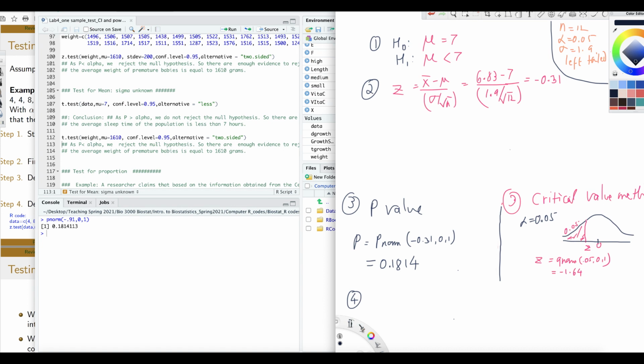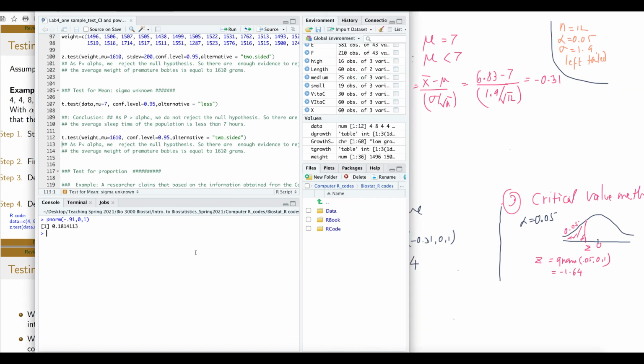Oh, hold on. By the way, I think I made a mistake there. When I did the pnorm, I should have done negative 0.31, not negative 0.91. So let me try that, negative 0.31. When I do that, I get 0.3782.